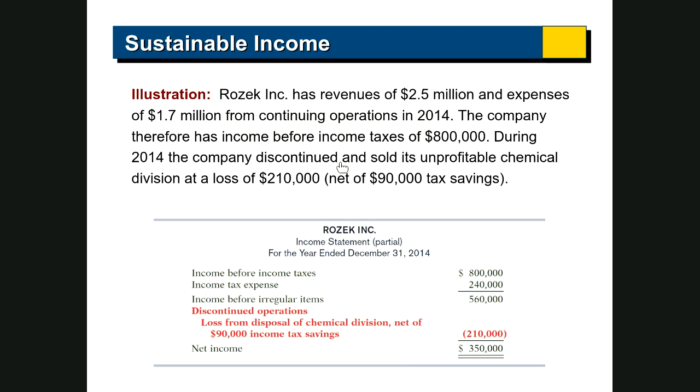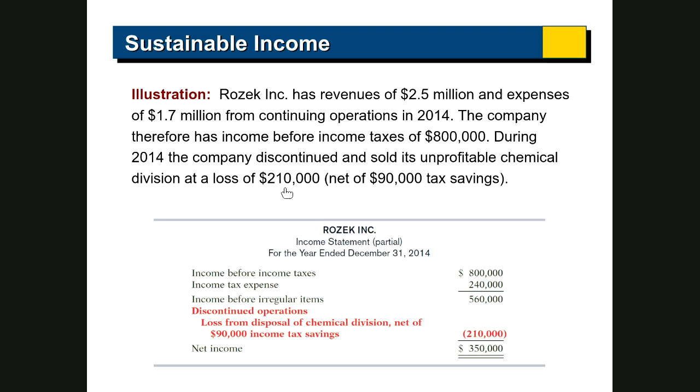The company discontinued and sold its unprofitable chemical division at a loss of 210,000 net of 90,000 tax savings, right? So this 210,000 number that is coming from the discontinued operation already includes the tax they paid. That means before tax, it was 300,000, 210 plus 90.